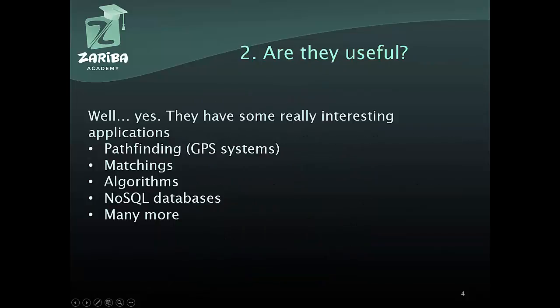So, are they useful? Well, yes, and they have some really interesting applications, as I mentioned. So pathfinding, GPS systems use that. If you imagine that each point is an intersection, and here we have some streets around it, and maybe some more intersections and so on. This is still a graph, right?